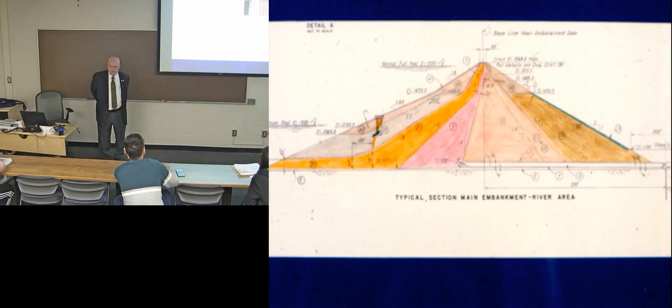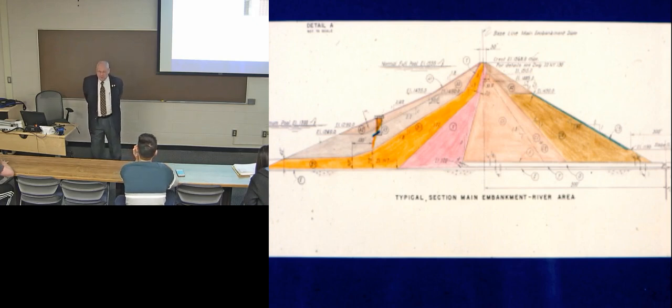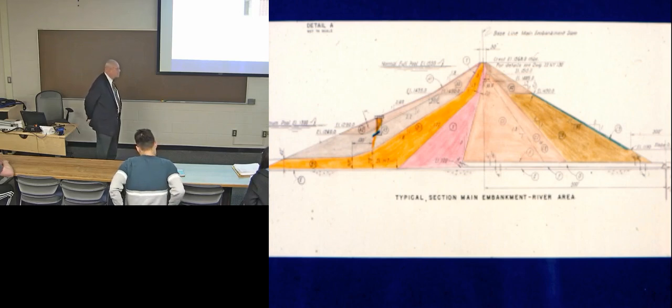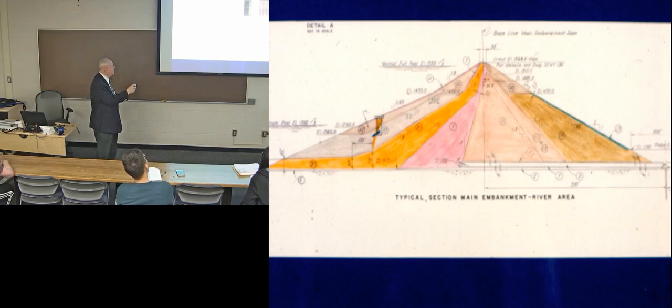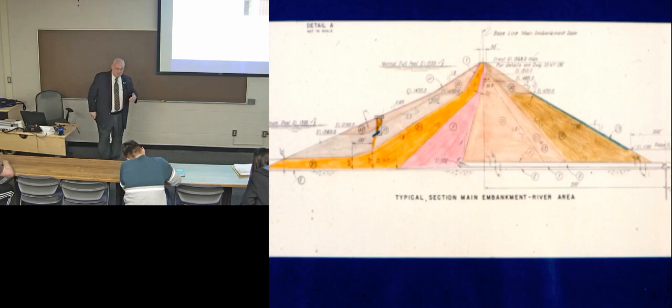Multiple zones in this dam, and the purpose was to try to trap any small particles passing through the dam to help clog it up. Let's make it more like a clay by filling all the pore space with small particles. And so the core of the dam is this yellow-orange zone, made up mainly of silt, sand, gravel.